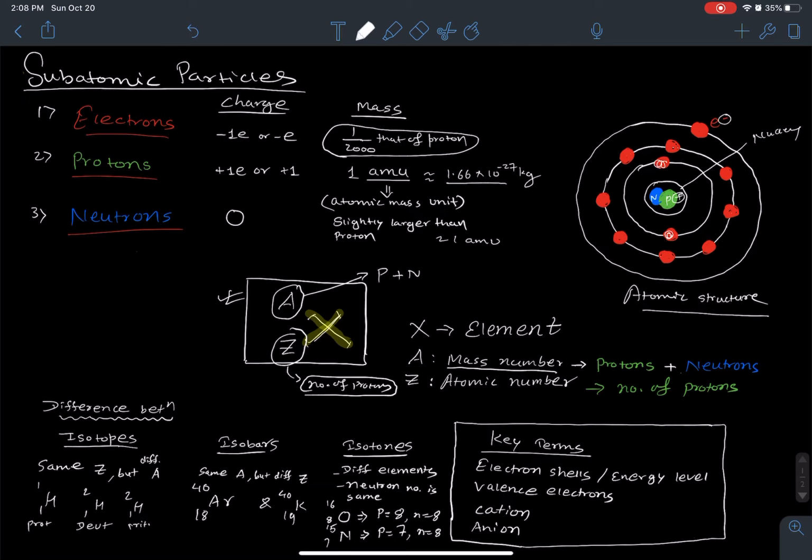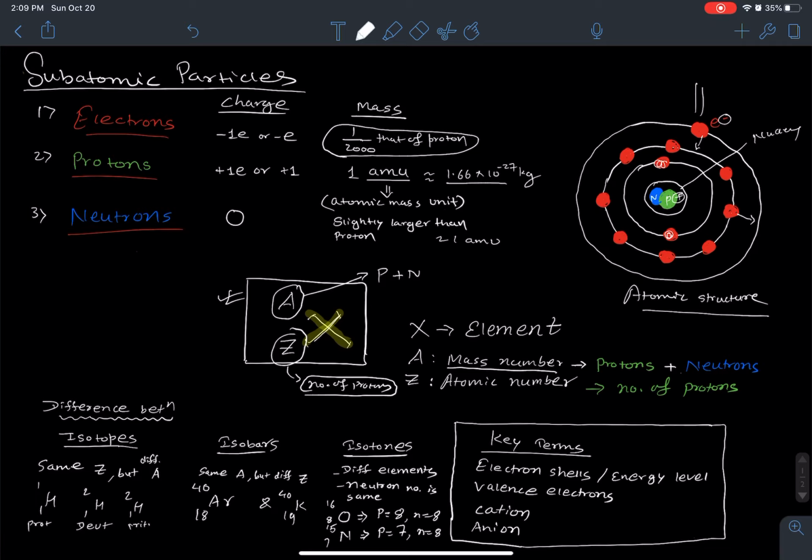And the key terms we need to identify here, for example, are electron cells, where you can find electrons, and those cells are often known as energy levels. Sometimes an electron has to go up to a higher energy level, and sometimes it has to fall down to a lower one. That's why they gain energy when going up, and lose energy when going down. Valence electrons are the electrons usually found in the outer electron cell.